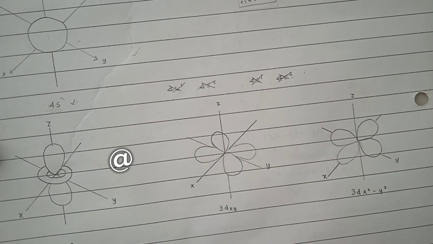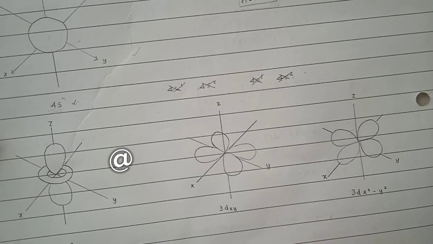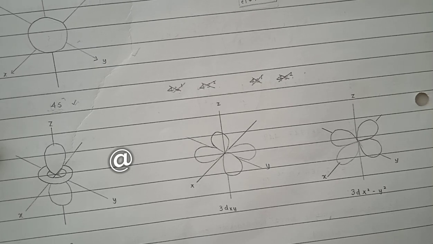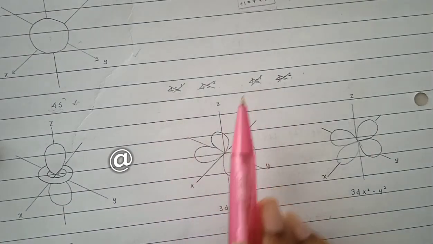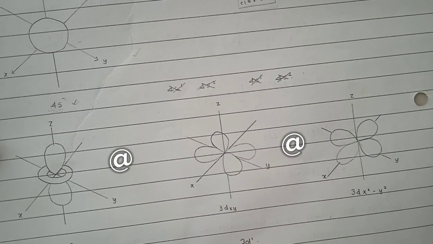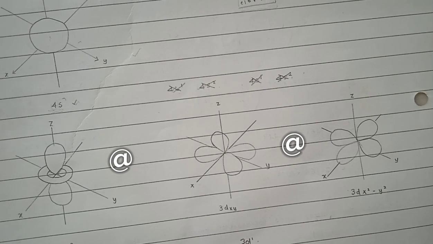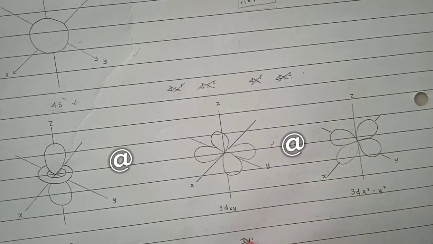For 3d we actually have 5 shapes of orbital, or 5 clover shape drawings. For 3d1, just now the valence electron is 3d1. So the principal quantum number is 3. So the shape should be a bit bigger, like this, because the quantum number is 3.